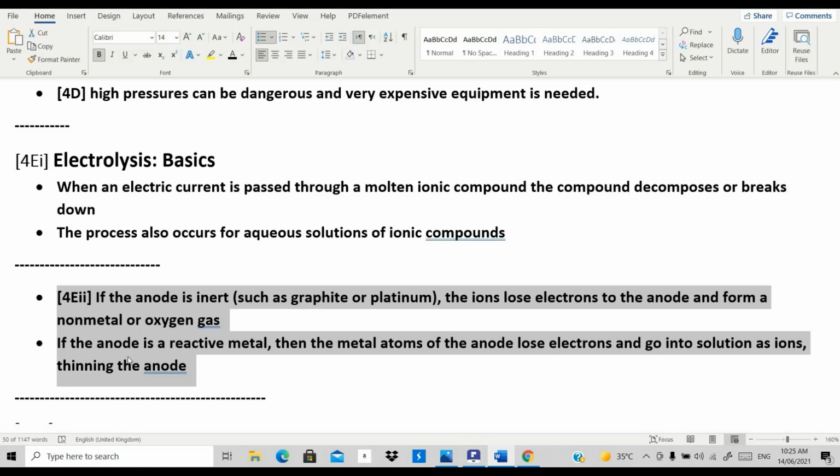If we are doing electroplating, then we can use a reactive metal as the electrode. But if we want to use inert electrodes, we can use graphite or platinum because these are very unreactive, and the ions will lose electrons to the anode to form a non-metal or oxygen gas. The same applies to the cathode, so we can use graphite or platinum.